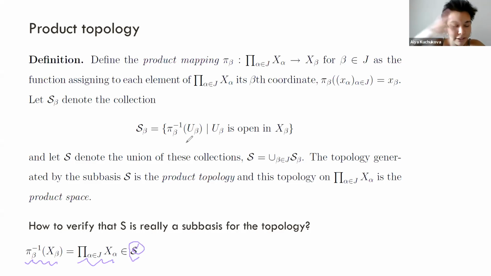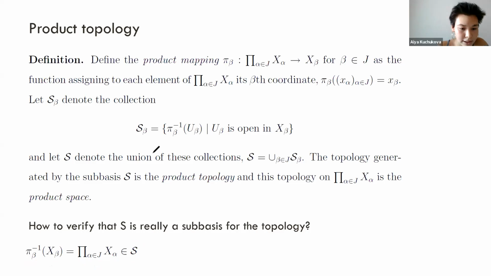Well, I'm not sure why that is, because I definitely see why p inverse of X_β would be a Cartesian product. I think that makes sense just because of the definition. But then what do you mean by that it's evident that it's a subbasis? Maybe I don't understand your definition of subbasis again. Wait, let me check my notes again.